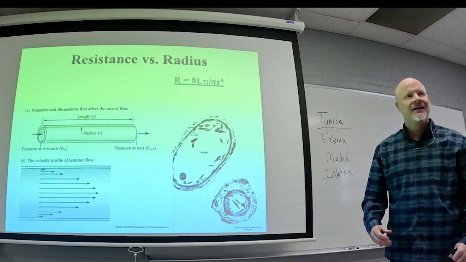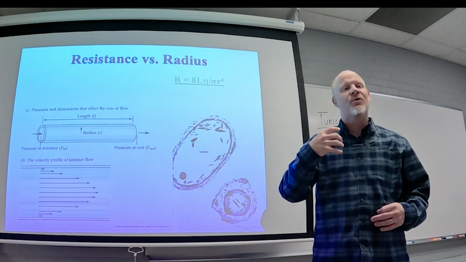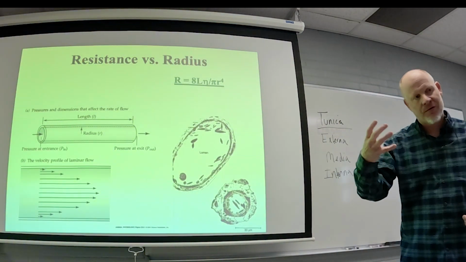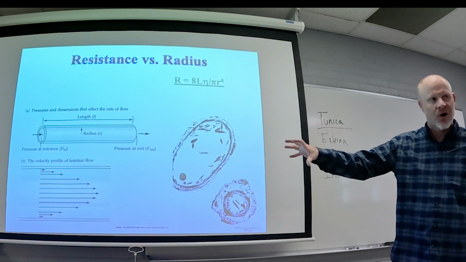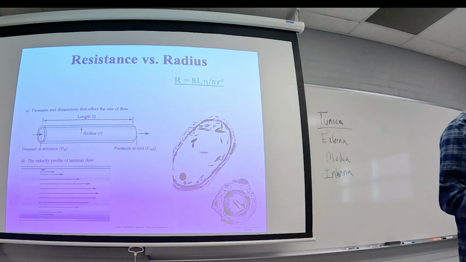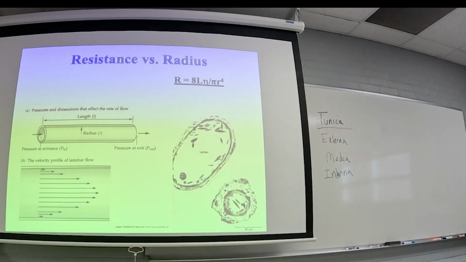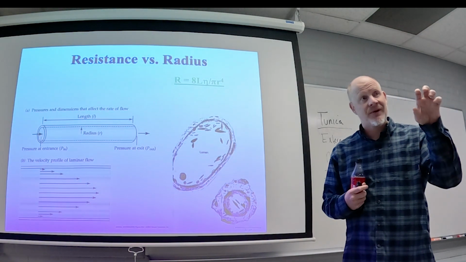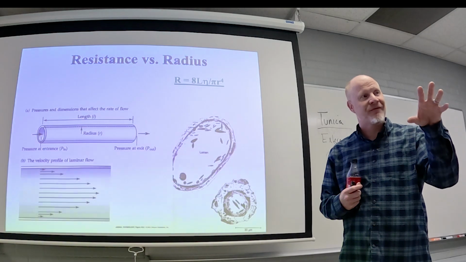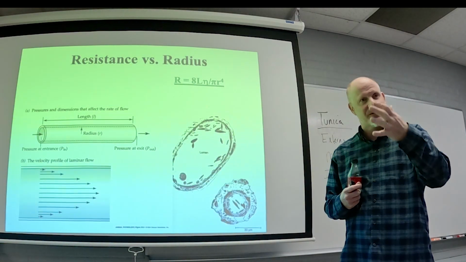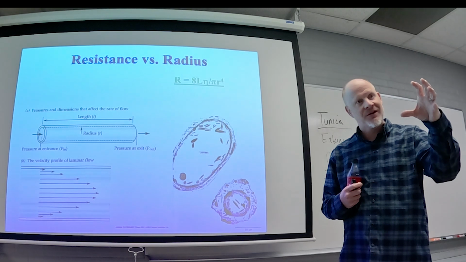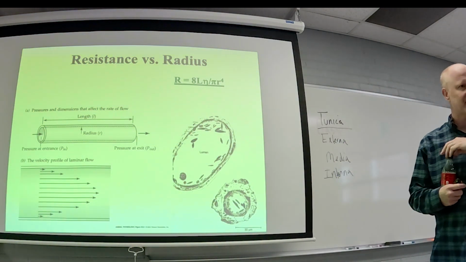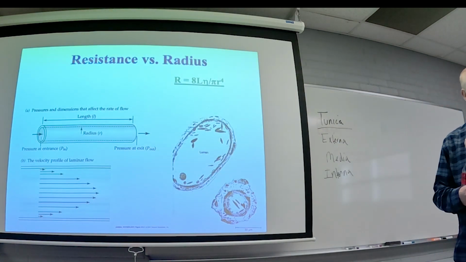And so as you hit the walls, you produce more friction, and that pressure dissipates or degrades over time the further and further away you get from the heart, because your blood vessels get smaller and smaller. And you're releasing more of that pressure as heat. Because remember the laws of thermodynamics, you don't create or destroy energy, you simply convert it from one form to the next, right? The two laws of thermodynamics. So you're taking pressure, a form of energy, and converting it to heat, and so it degrades. Does that make sense? Because of friction.